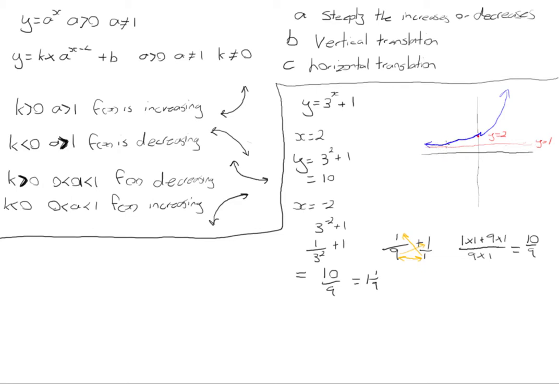So we know that somewhere down here, where x is equal to minus 2, let's just say it here, this point here is 10 on 9. And similarly, we know that when x is equal to 2, let's try and get it somewhere right here, up here, y is equal to 10.